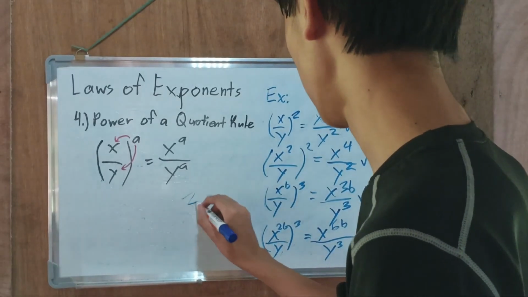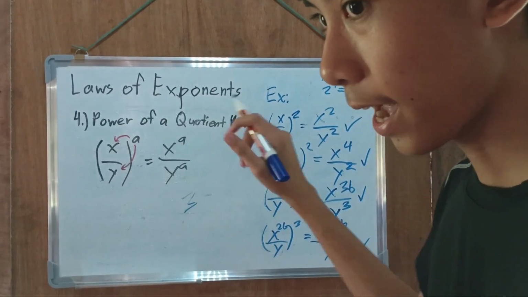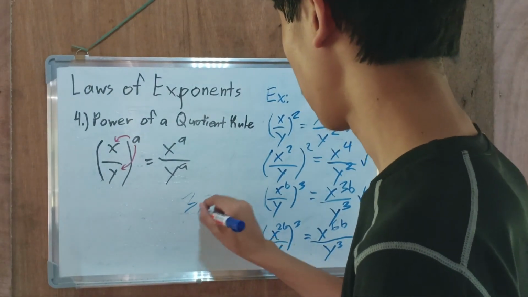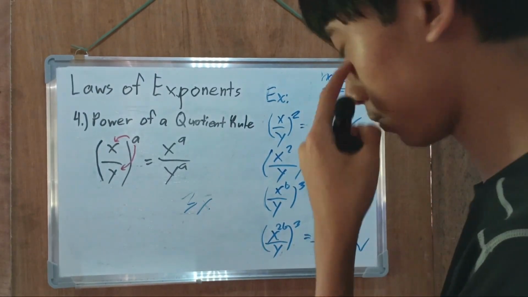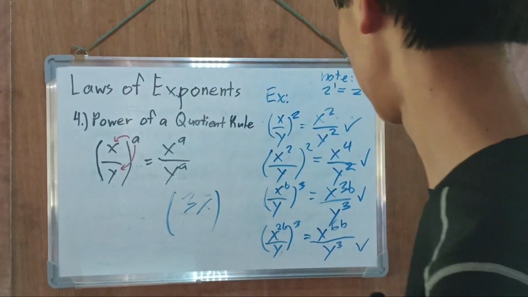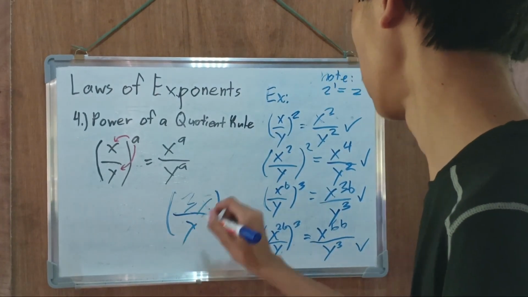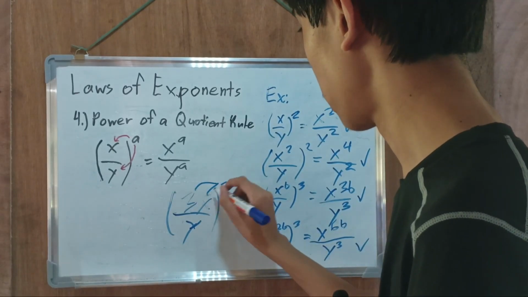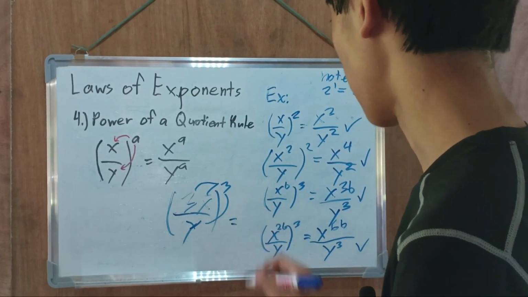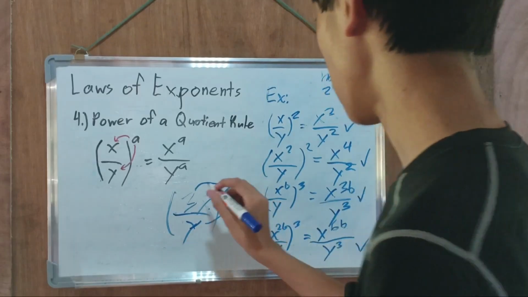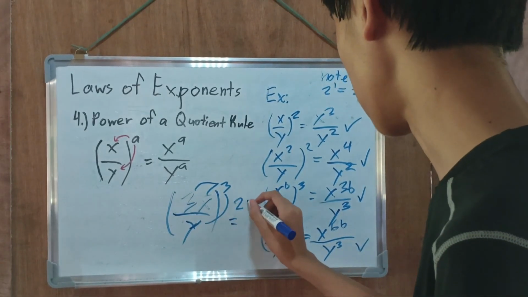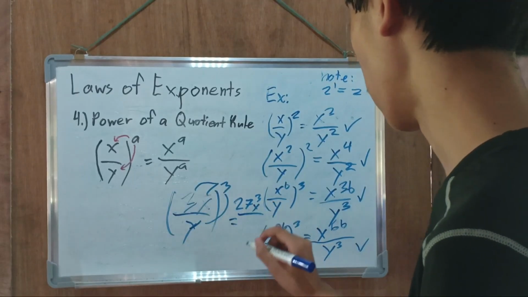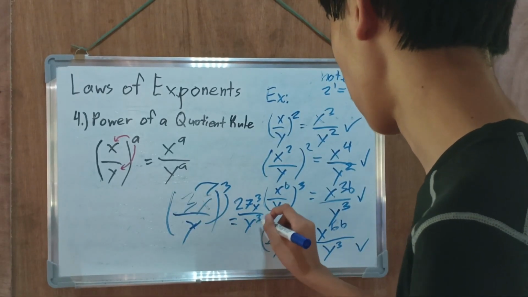What if the x has a coefficient like 3 or 2, so we're gonna put 3x raised to the third power. Everything is going to be distributed, which is good here. So that means 3 raised to the third power is 27, x to the third power over y raised to the third power.